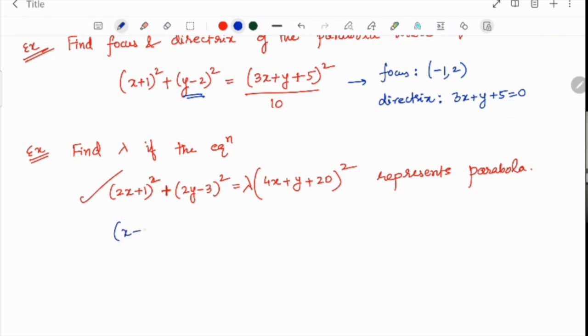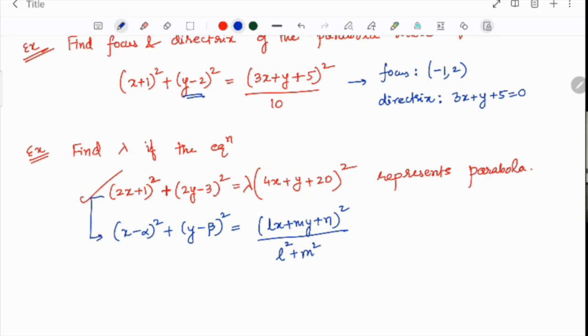Form 1 is like this. This is the directrix expression. In the denominator, we get the x coefficient squared plus the y coefficient squared. So try to express this in this form, then you can find the lambda value.